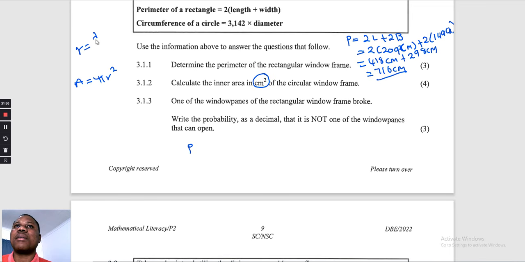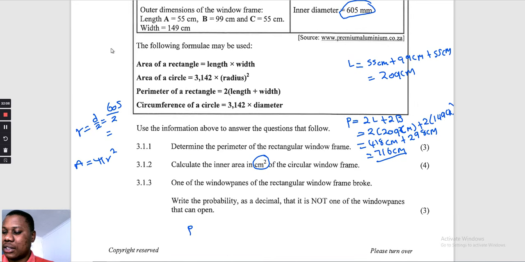Radius is equal to diameter divided by 2. Our diameter is 605, and we divide it by 2, which gives us 302.5 millimeters.